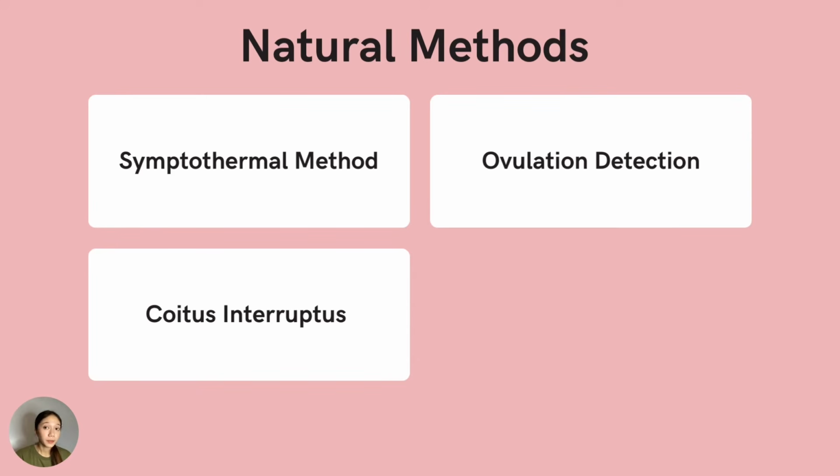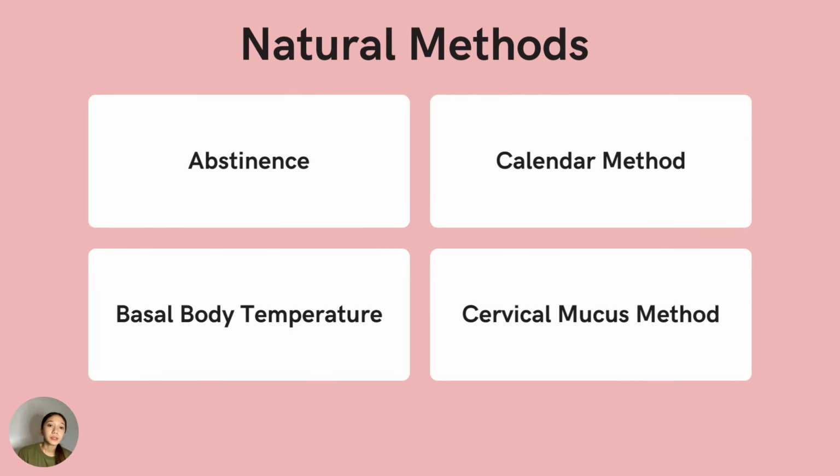The symptothermal method is a method in which you use all three of the methods above: the calendar method, basal body temperature, and the cervical mucus method. So, that is the three methods.